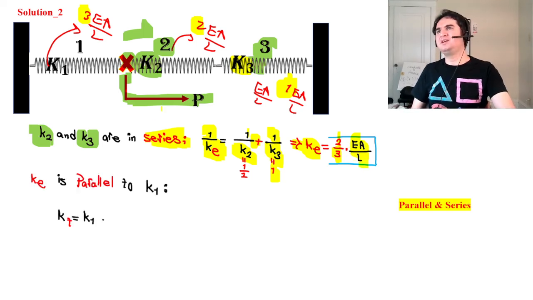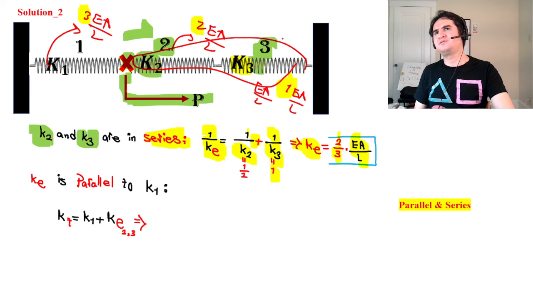And the combination of 2 and 3, if you consider this as a K equivalent, is in parallel with K1.